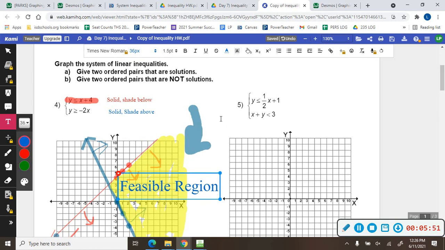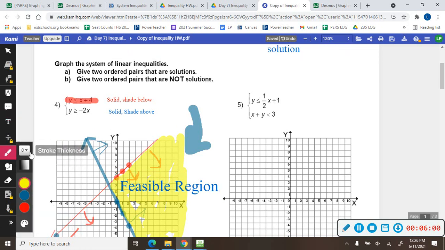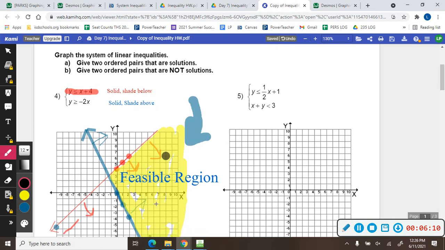Now it also says to give two ordered pairs that are solutions. Well, that's not too hard. So it could be anywhere. Anywhere over here would be a solution. So I'm going to pick this point, and then I'm going to pick that point.